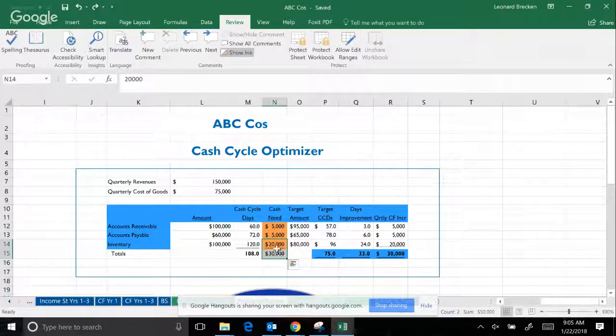It compressed their cash cycle days to 75 days from 108, an improvement of 33 days, just simple math. But what it did was create $30,000, which is what they wanted, in free cash flow every month. So it's $30,000 a month, or over $300,000 a year.